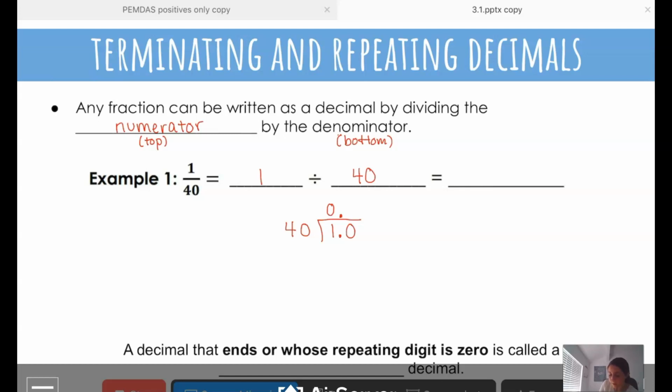Now 40 goes into 10 again 0 times, so we're going to have to keep going and annex another 0. Well, 40 goes into 100. Well, 40 times 2 is 80, so it can go in twice. And then 40 times 2 is 80. Now I'm going to subtract. 100 minus 80 is 20.